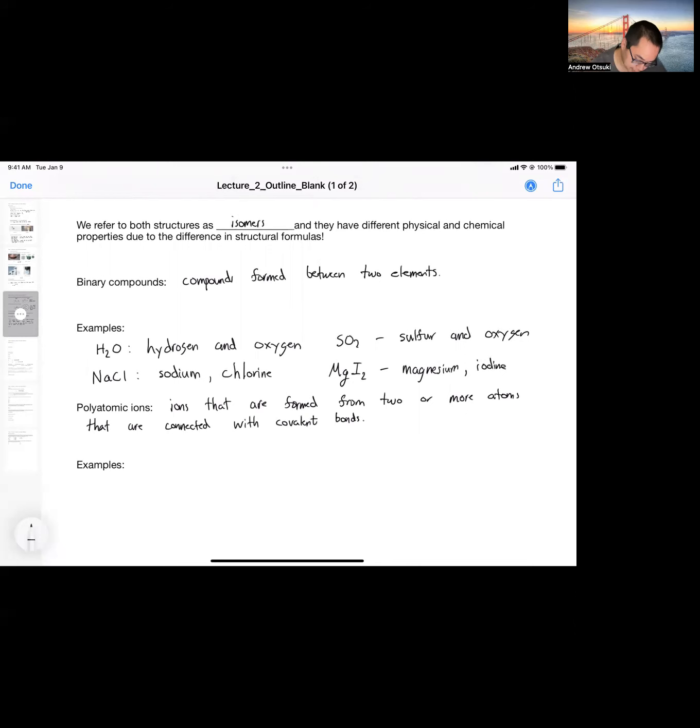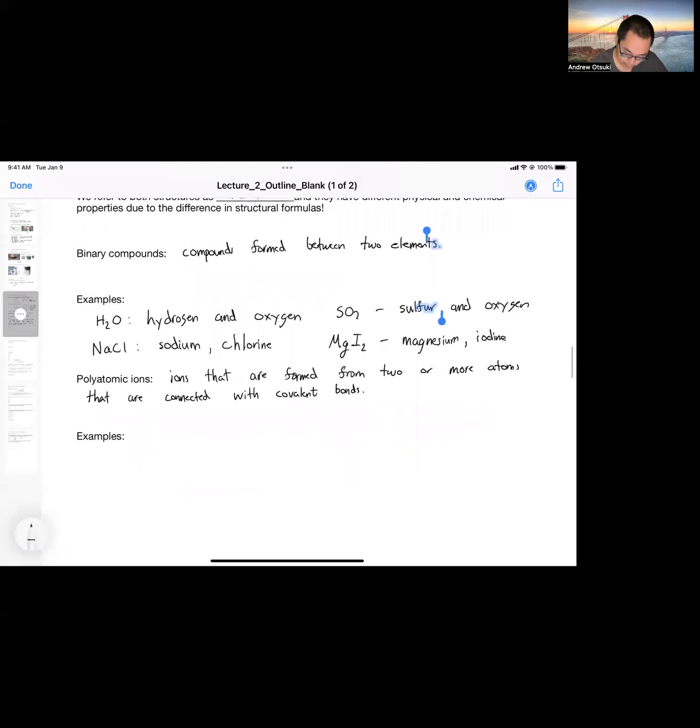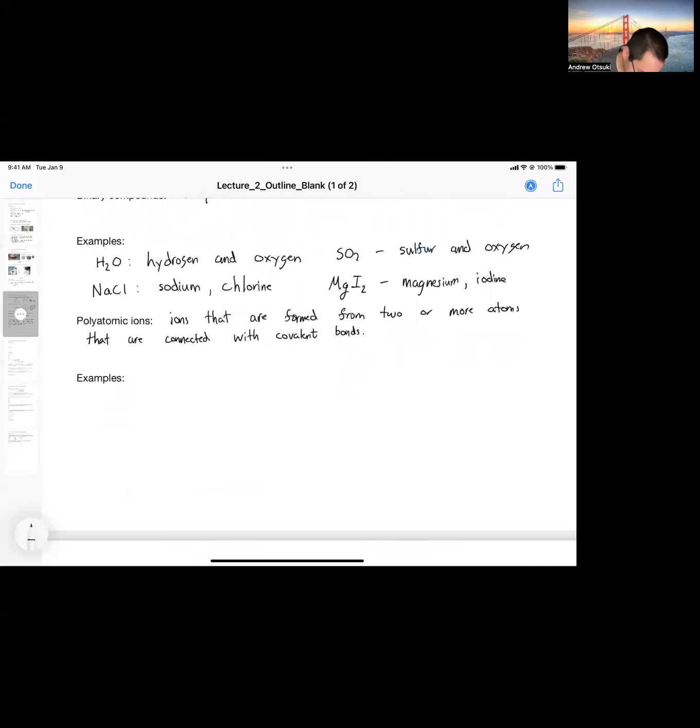So some examples are the ammonium ion, so NH4 plus. Okay, so this plus just means the charge overall on the structure is plus. It does not mean hydrogen has the positive charge, so that's not what that means.